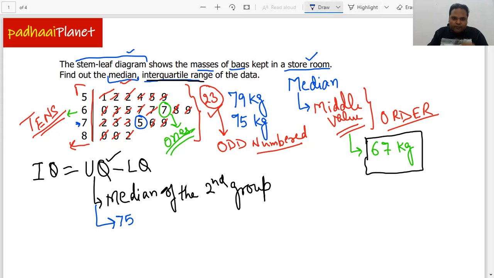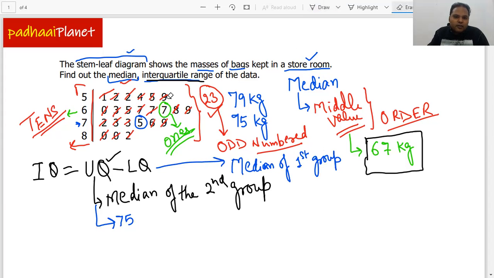right? Similarly, now we will find out LQ. Now LQ is the median of the first half, right? First group, we can say. So to find that out, let's clean this and then we will again strike it off.